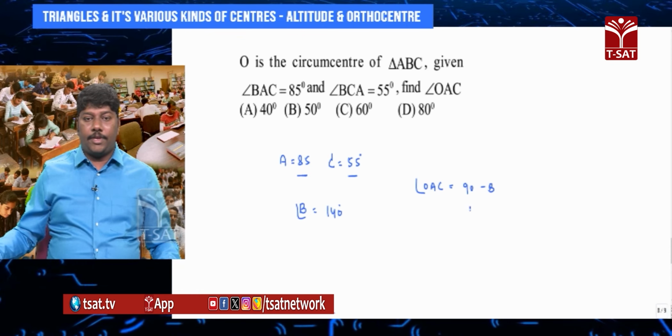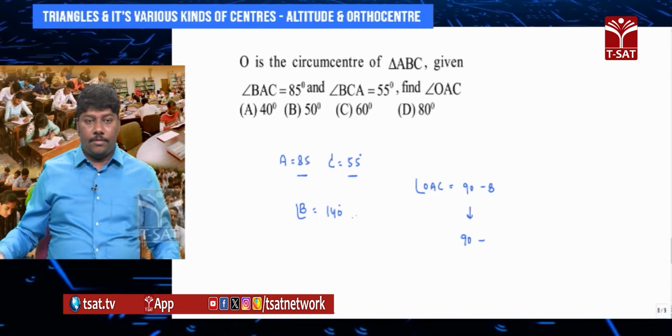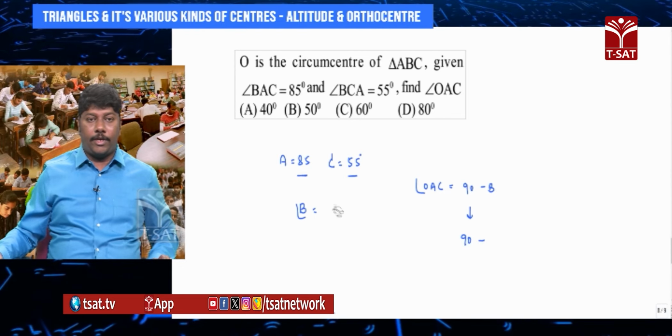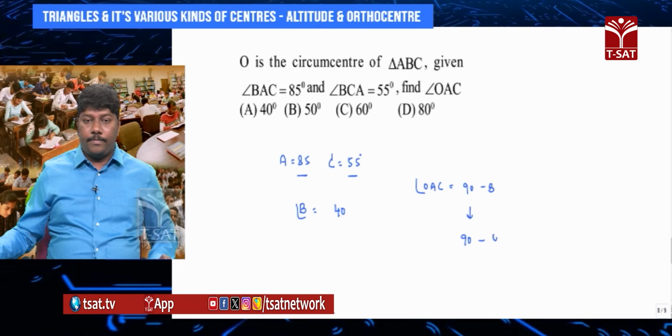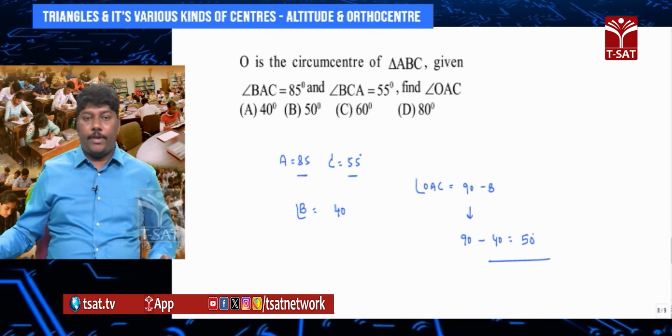Therefore, OAC is equal to 90 minus angle B, so 180 minus 140 is equal to 40 here. 90 minus 40 is angle 50.